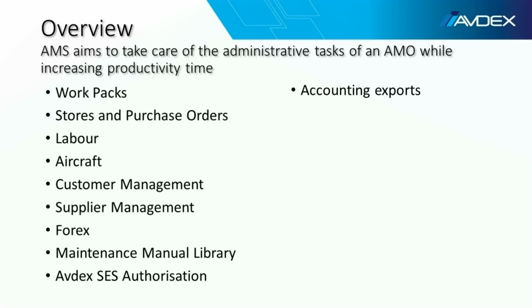Export reports are available in Microsoft Excel .xlsx format. These are available in the period report page and must be generated between a selected date range. The accounting work pack export will provide a report of all work packs closed in the selected period.